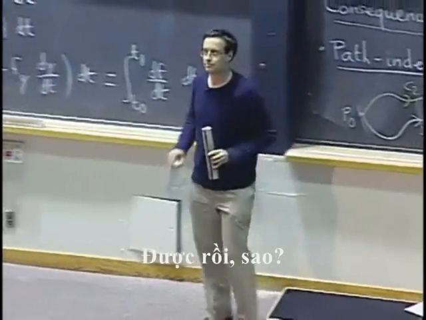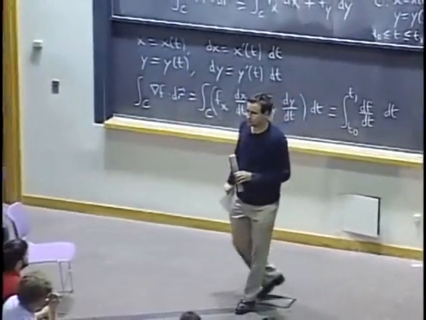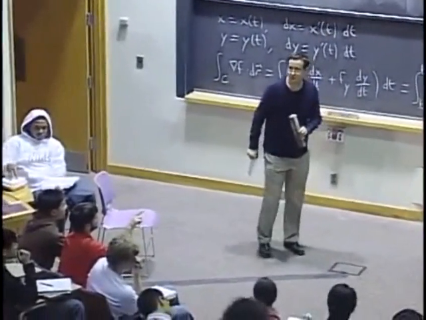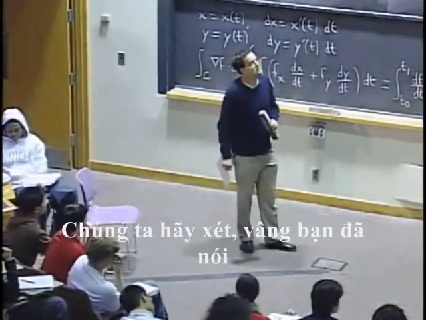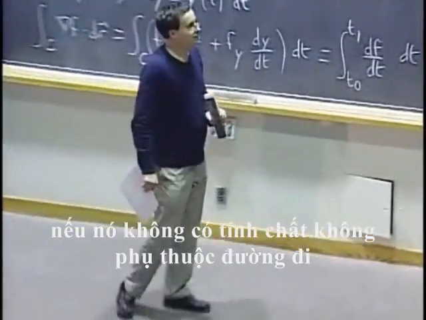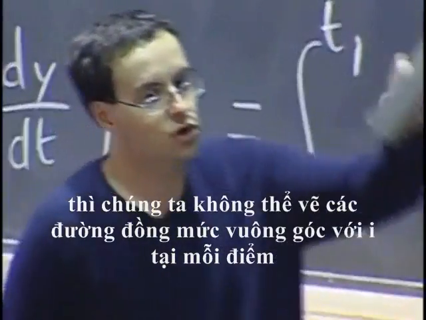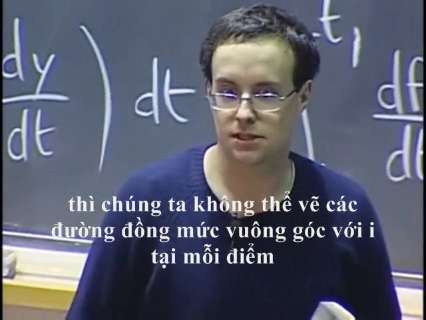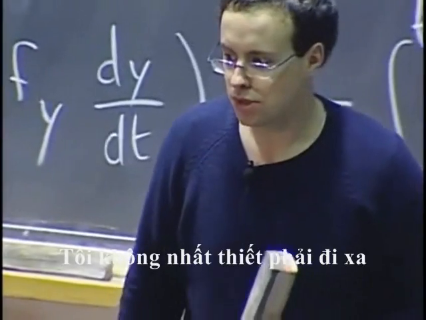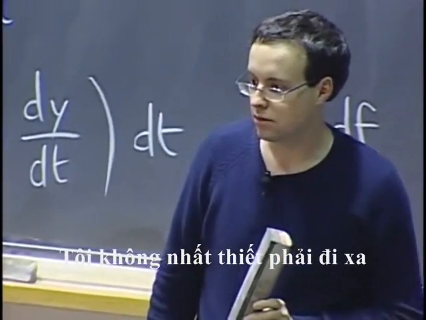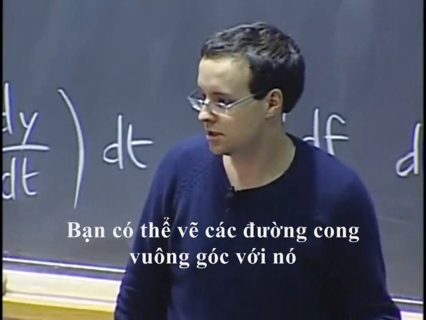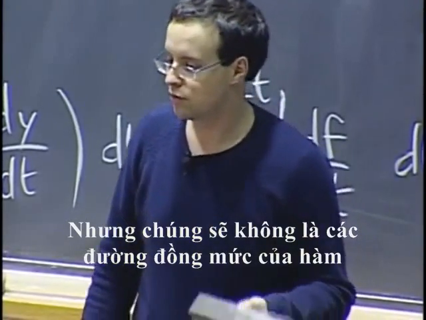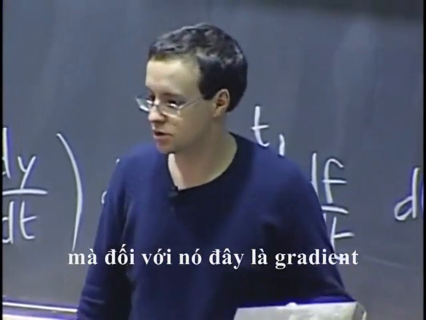Okay. Yes? So if it's not conservative, then it's impossible to draw level curves that are perpendicular to it at every point? Let's see. So you said if it's not path independent, then we cannot draw level curves that are perpendicular to it at every point. I wouldn't necessarily go that far. You might be able to draw curves that are perpendicular to it, but they won't be the level curves of a function for which this is the gradient.